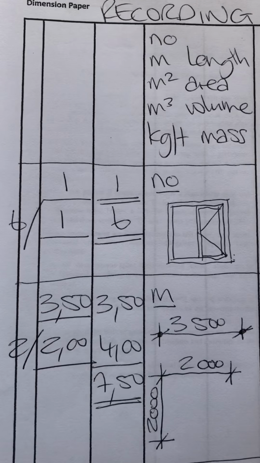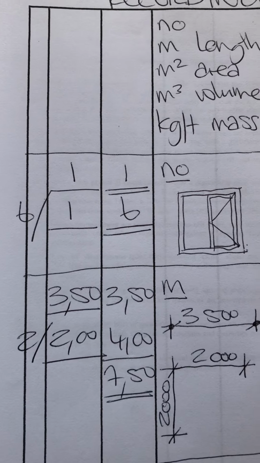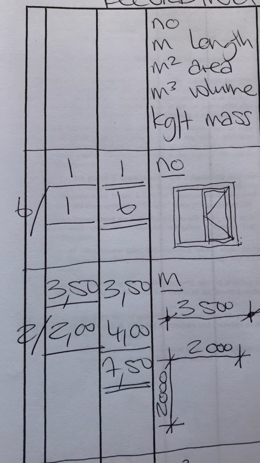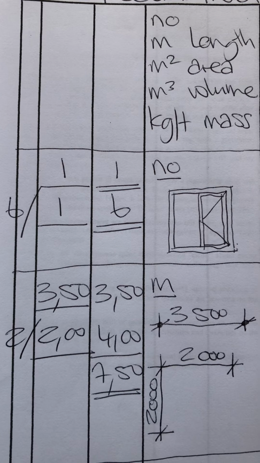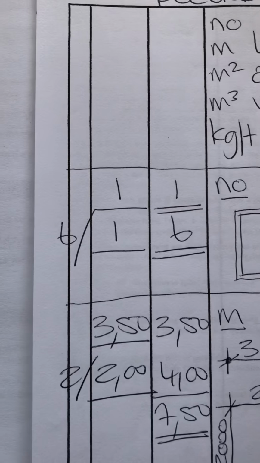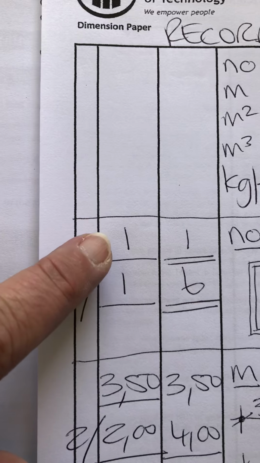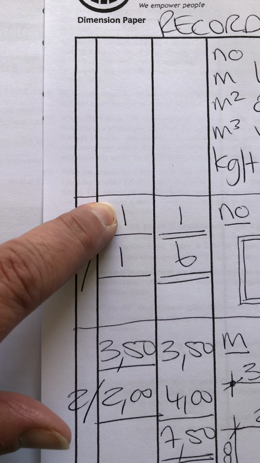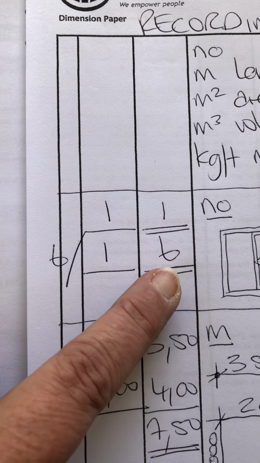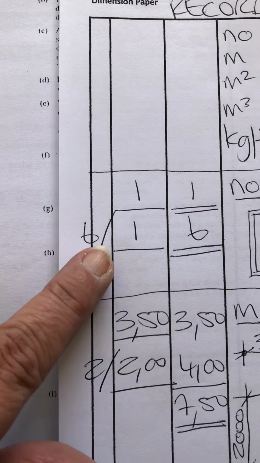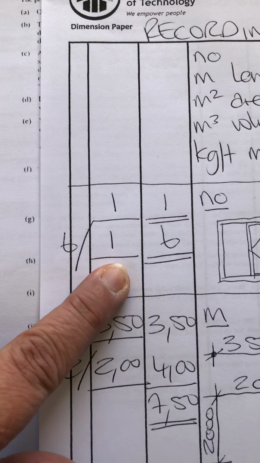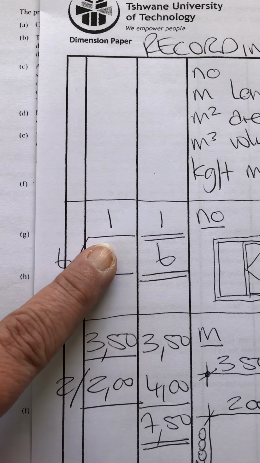So let's look at number. If we're going to measure something that's a number, and that will be something like a door or a window, we will measure it in 1, or if there are 6 of them, it will be 6 times 1. Take note, no decimals.